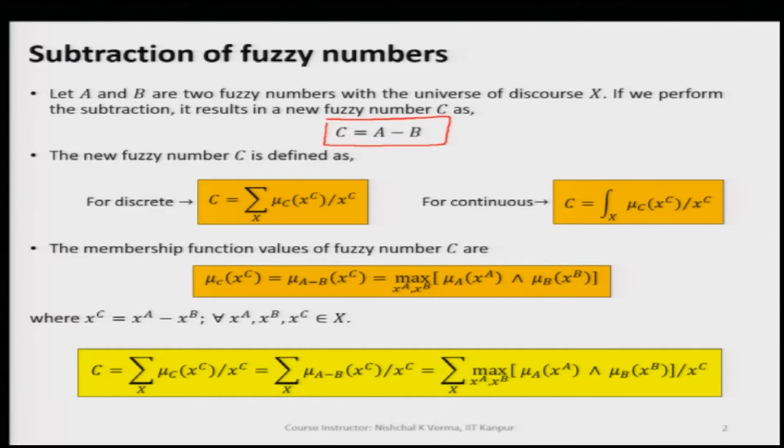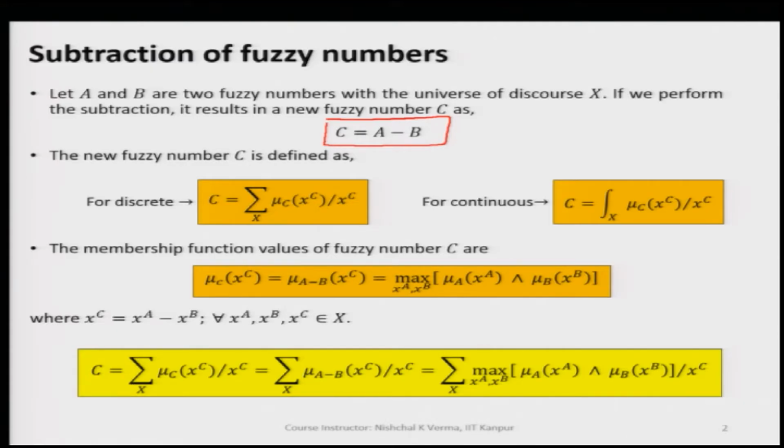So, what does this mean here is, if we say A is a fuzzy number, it means A is a fuzzy set which satisfies the criteria of normality as well as convexity. So, we can say A is a normal fuzzy set and A is a convex fuzzy set.